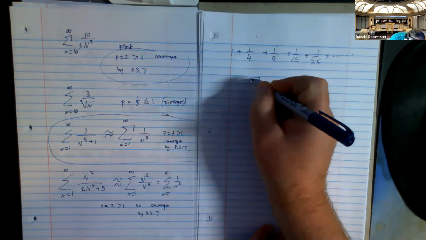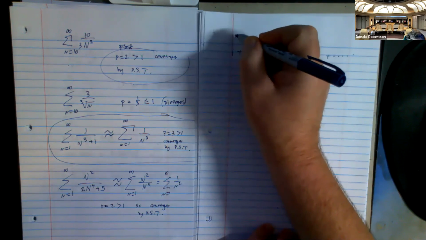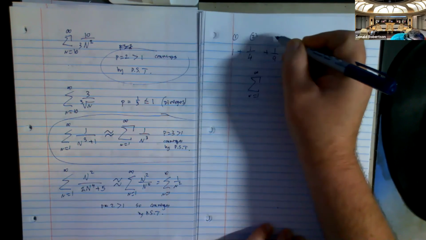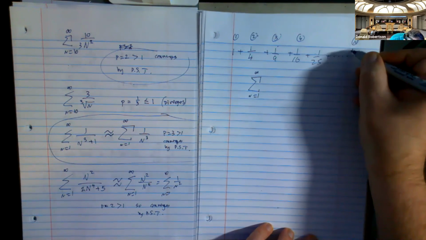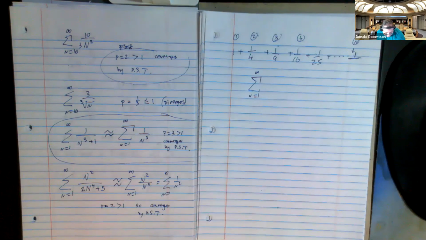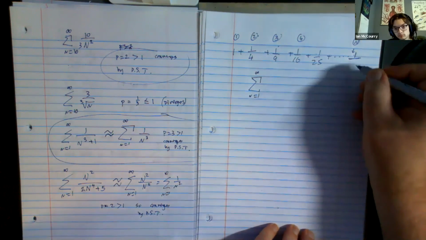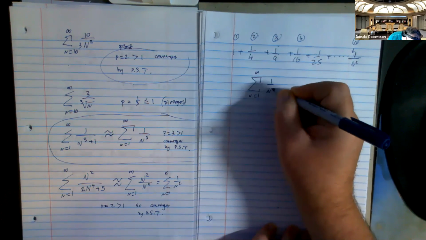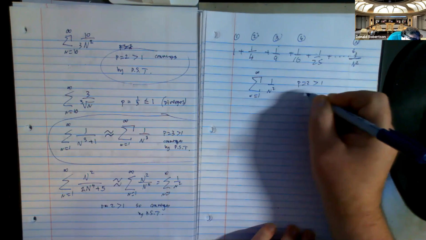Right. So, sigma n equals 1 to infinity. If 1 gets you this, and 2 gets you this, and 3 gets you this, and 4 gets you this, what would n get you? Well, definitely a 1 on the top. And what would the bottom look like? N squared. So isn't that this guy? Ah, easy now. P equals 2, greater than 1.